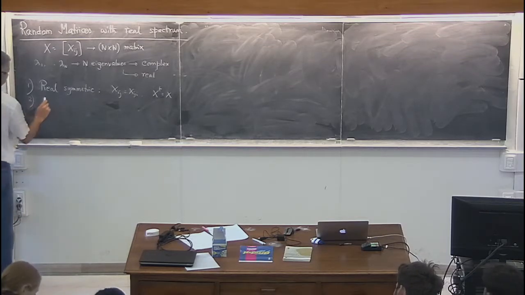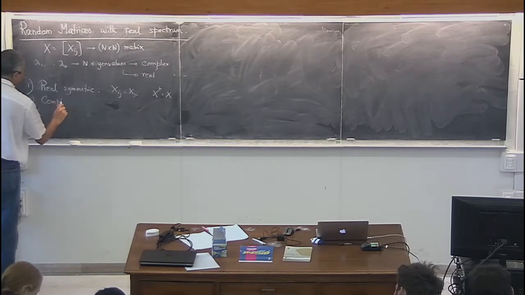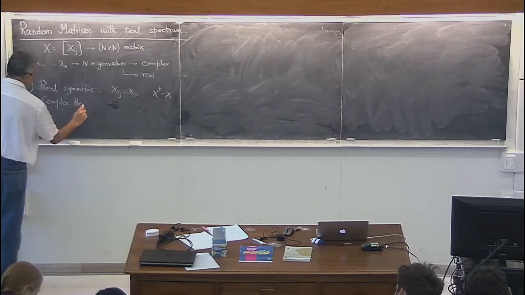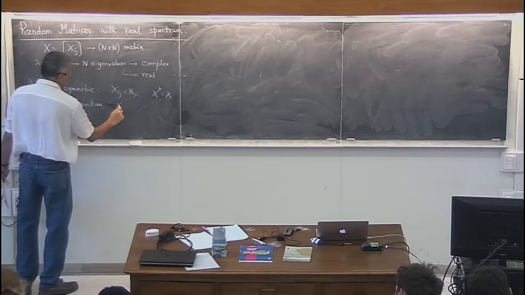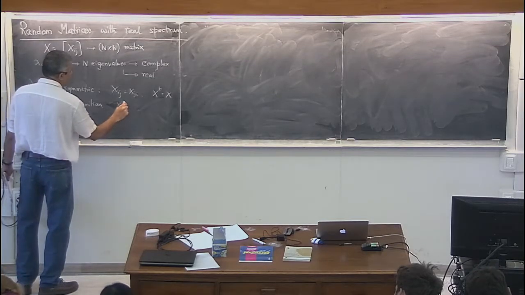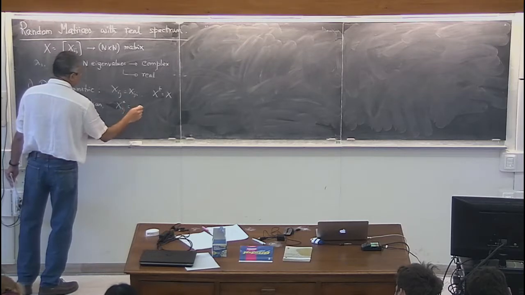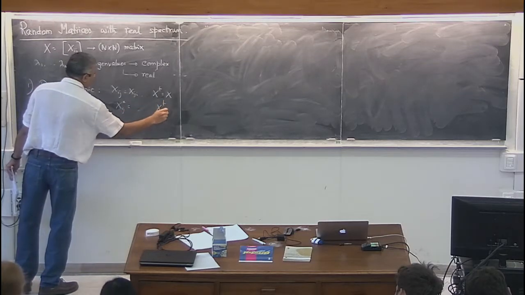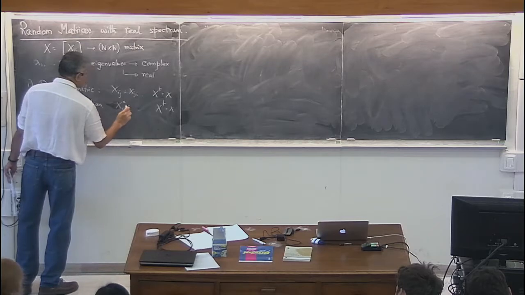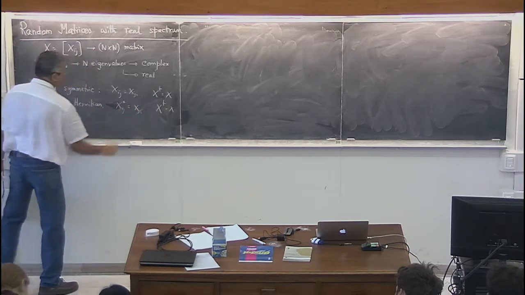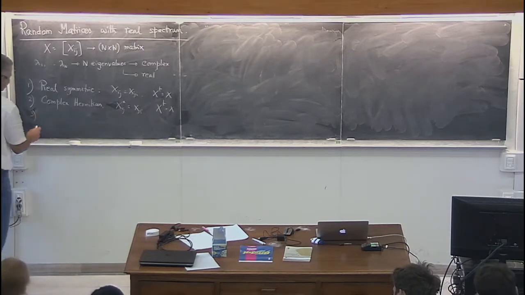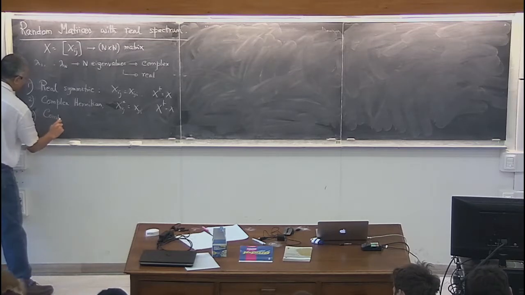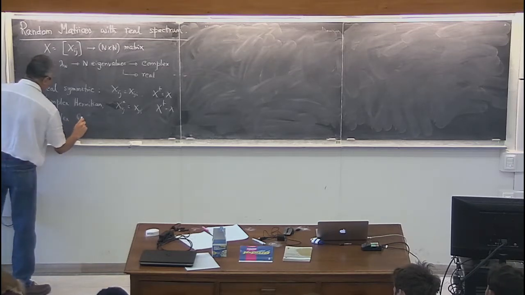We also know that there is the complex Hermitian matrix, which means that the entries are complex numbers and X dagger is the same as X, so Xij star is Xji. And then there's a third one, which nobody usually talks about, and this is called the complex quaternion.